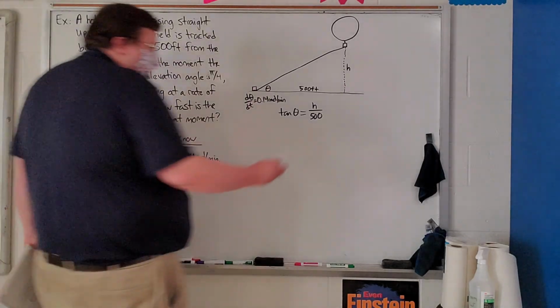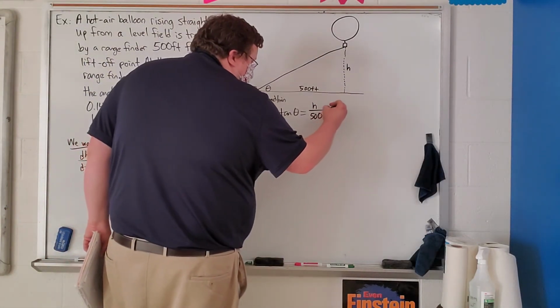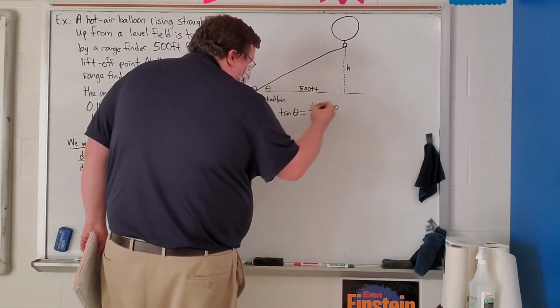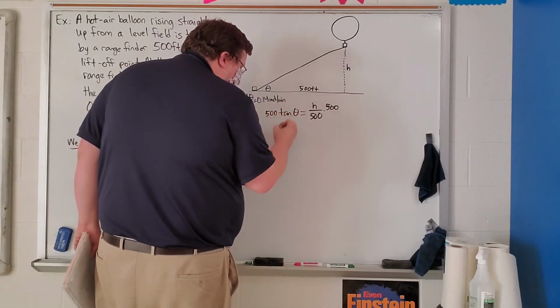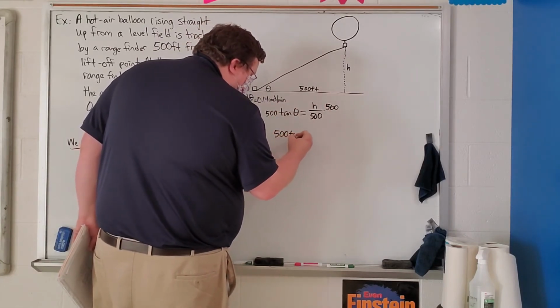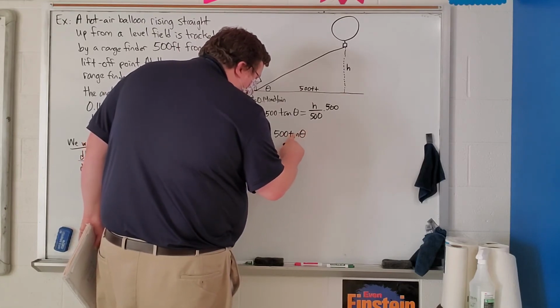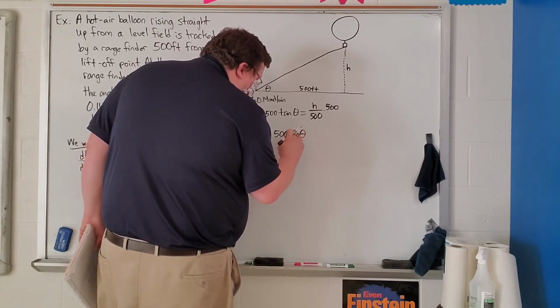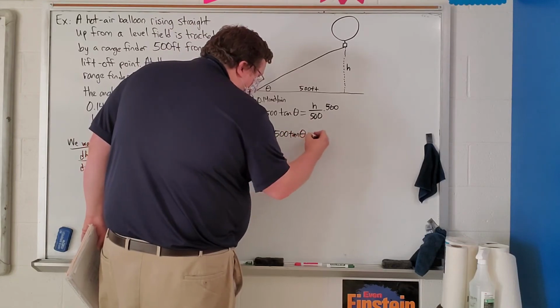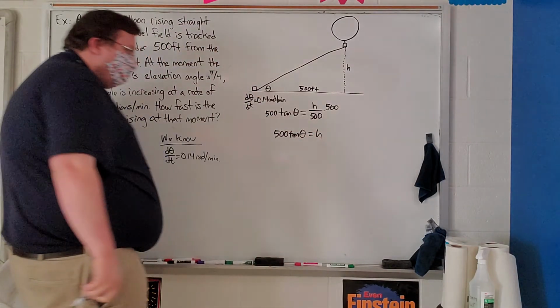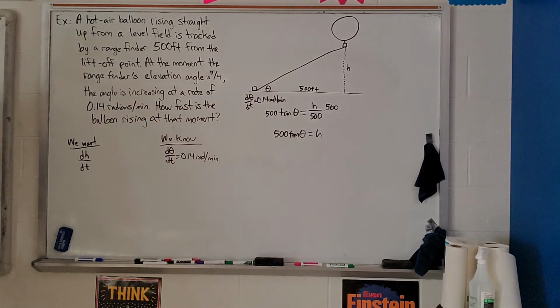So we multiply by 500, and we get 500 times the tangent of theta is equal to h. That's my original equation for height.